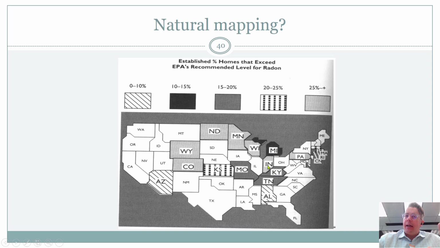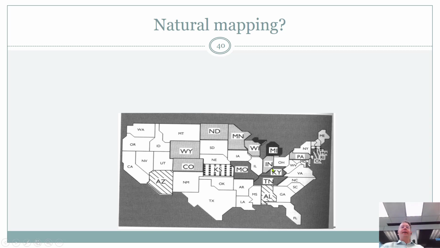I can't really tell, or at least I might assume, but I would be wrong, that the shading here conveys the additive nature of the data. It does not. And so if I see this, I might think, oh, Michigan is much less of a problem than Indiana, and Kentucky is also less of a problem. You can see this is a particularly difficult mapping here, or I would say challenging, encouraging errors in that mapping.